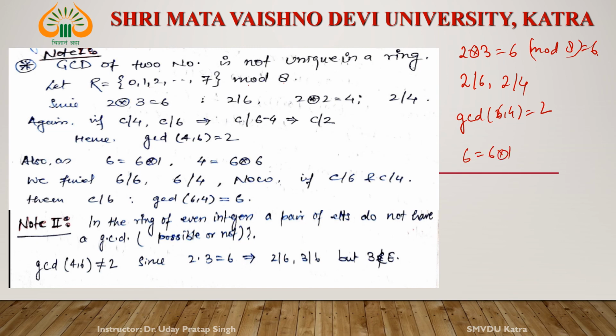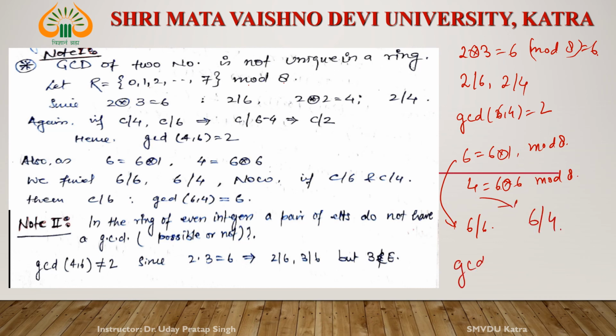But 6 is equal to 6 into 1. And 4 is equal to 6 into 6. Yes, 6 into 6 is 24, modulo 8 this is equal to 4. This is a modulo 8 operation. It means from this one 6 divides 6, and from this one 6 divides 4.